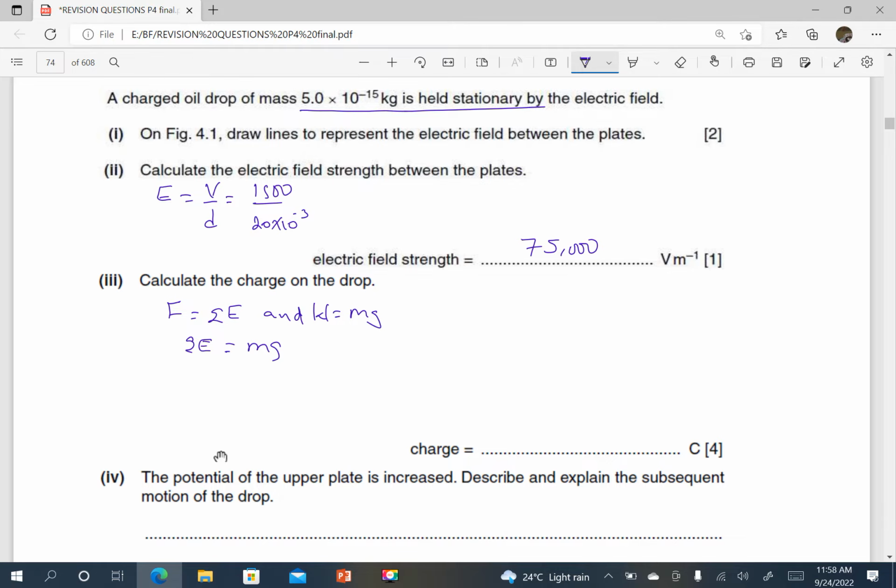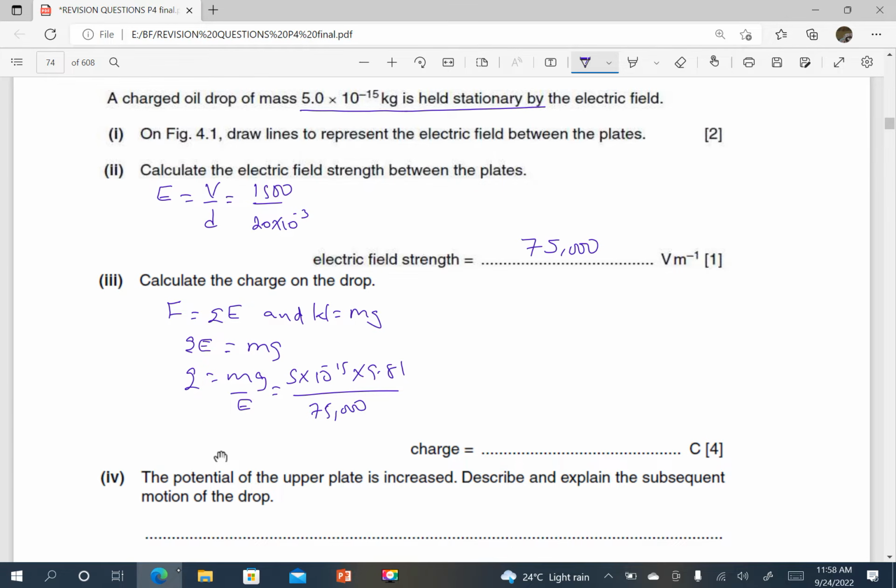Therefore, the charge is going to be mg divided by E, which will be equal to 5 times 10 power negative 15 times 9.81 divided by 75,000.